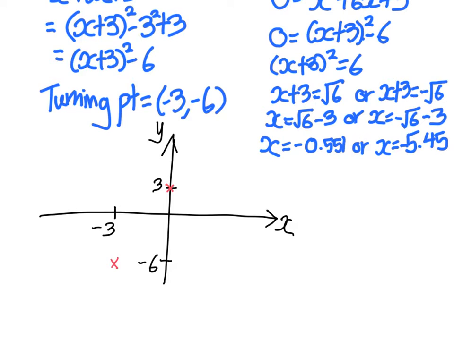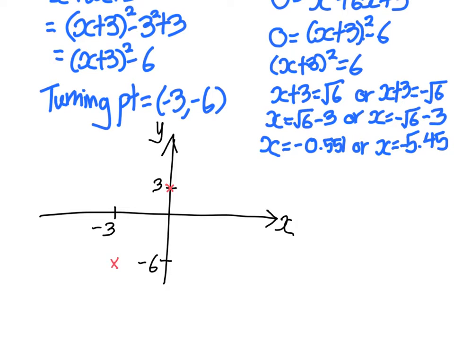I have plotted the turning point and the y-intercept because these are quite straightforward. Some of you will have difficulty plotting the x-intercept. So you will see negative 0.551. You try to approximate and label it on the graph. So you realize that it will be approximately here, negative 0.551.